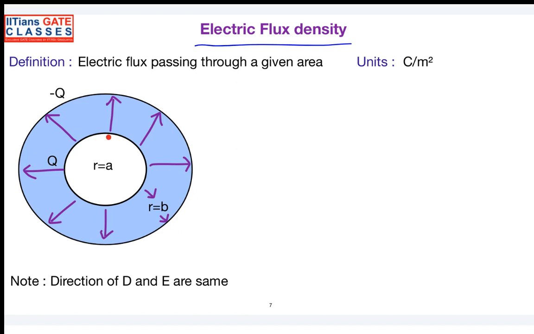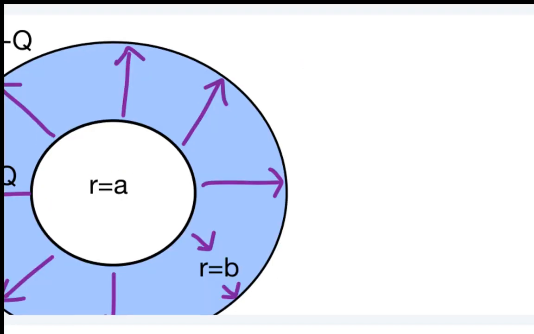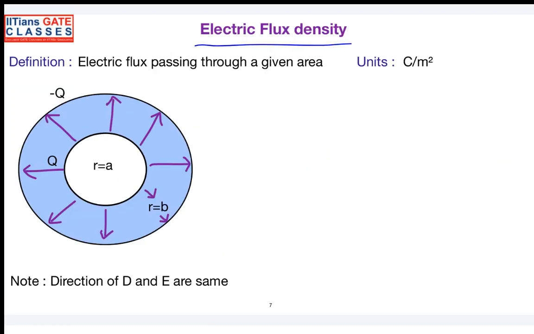When you want to define the flux density, first try to see what flux density means. If there is a point charge like this, the flux will be omnidirectional. The flux density refers to a particular surface. Imagine I have kept a particular surface here. Do you think the total flux originated from Q will pass through this surface?